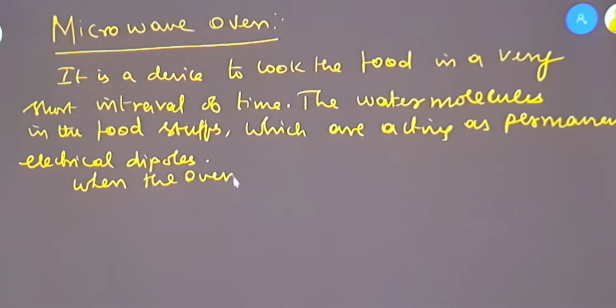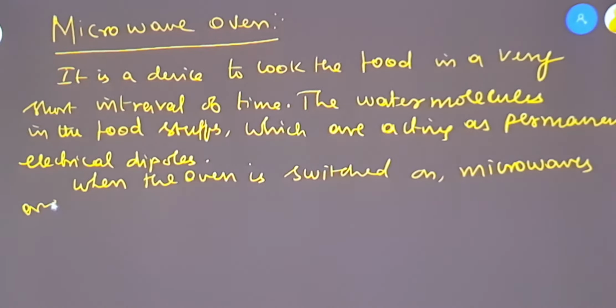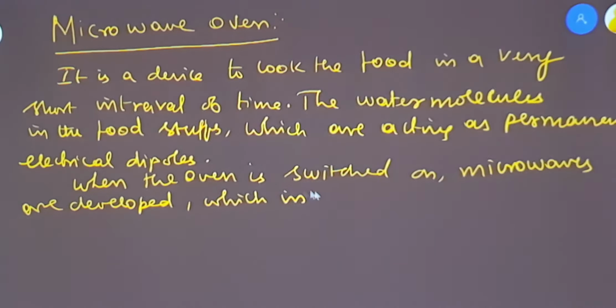When the oven is switched on, microwaves are developed, which in turn produce a non-uniform and oscillating electrical field.